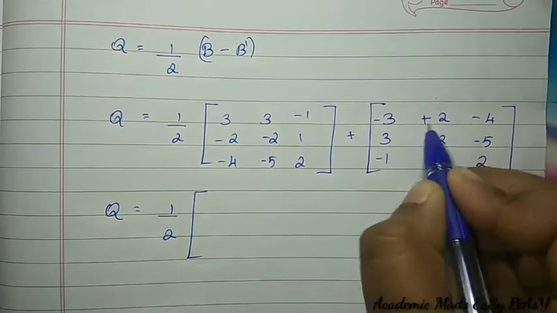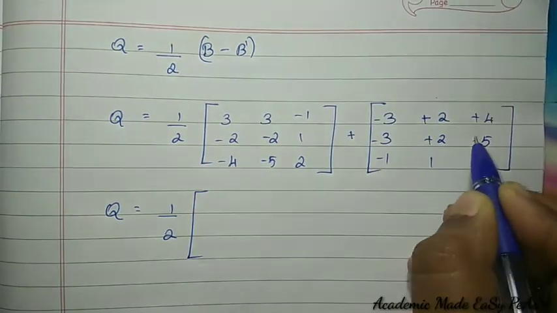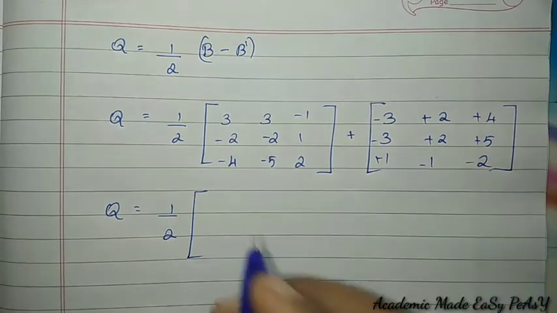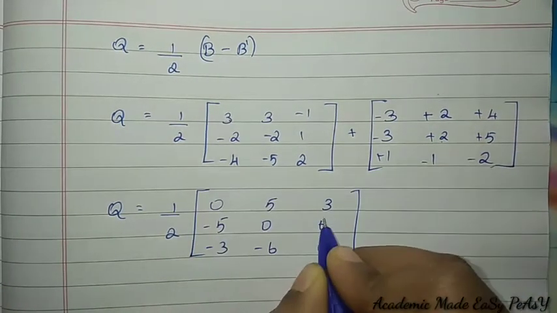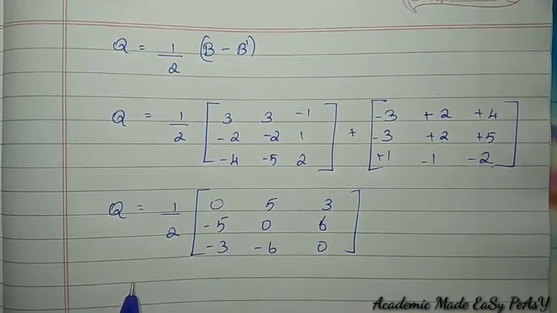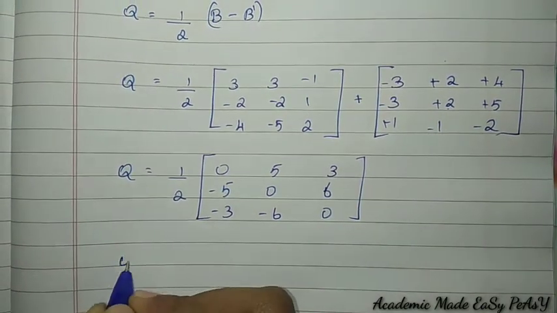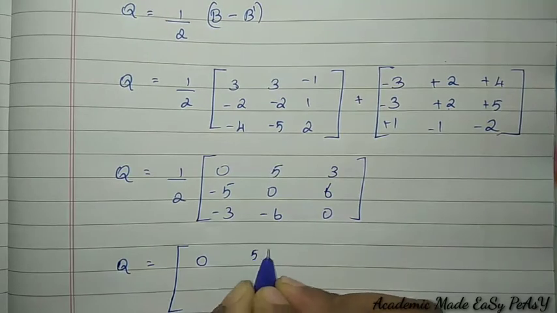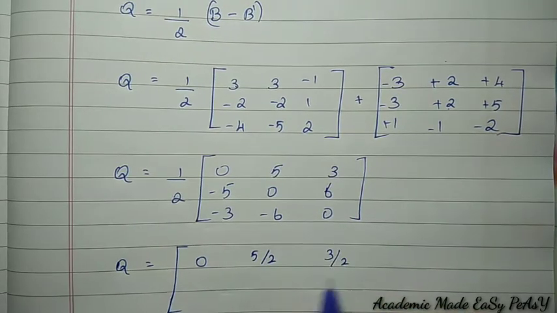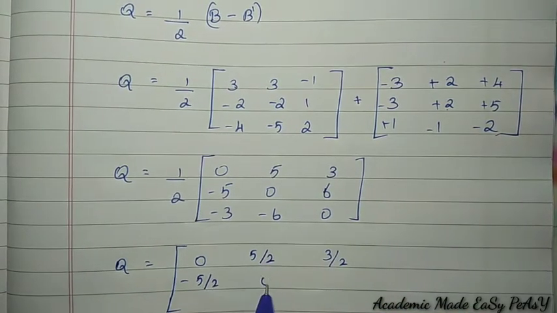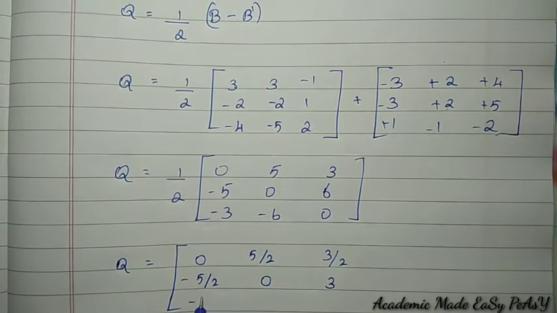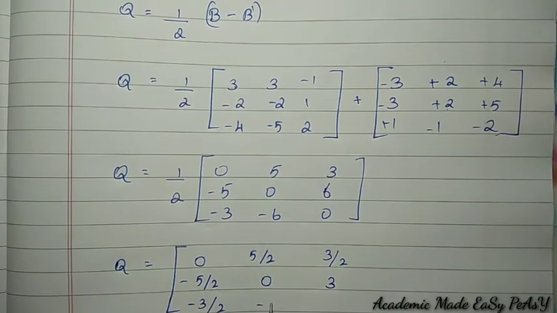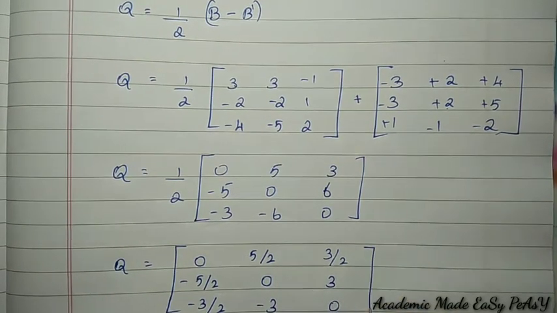So minus, plus, plus, minus, plus, plus, plus, minus, minus. So this is 6. Now I will be multiplying 1 by 2 inside. So Q is equal to 0, 5 by 2, 3 by 2, minus 5 by 2, 0, 3, minus 3 by 2, minus 3, 0.